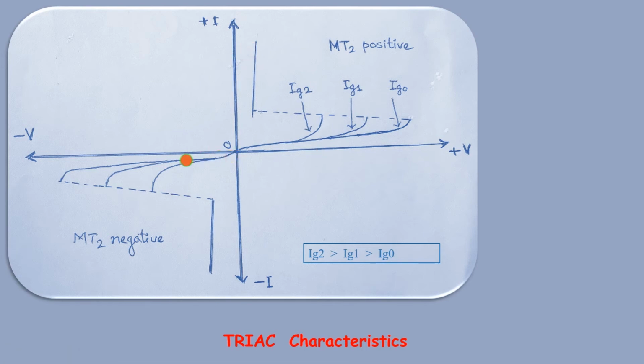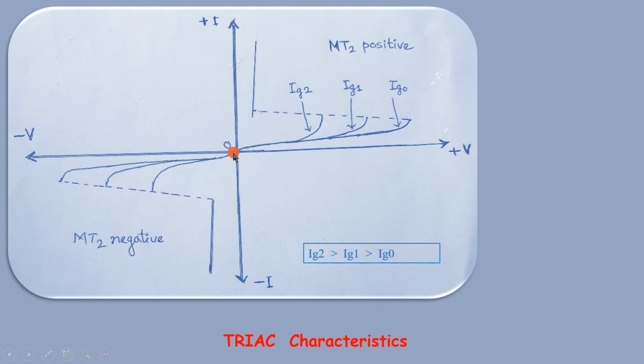This part of the characteristics, minus V and minus I, means the characteristics of the same triac when MT1 is made positive with respect to MT2. So it is like a reverse bias, you can say.